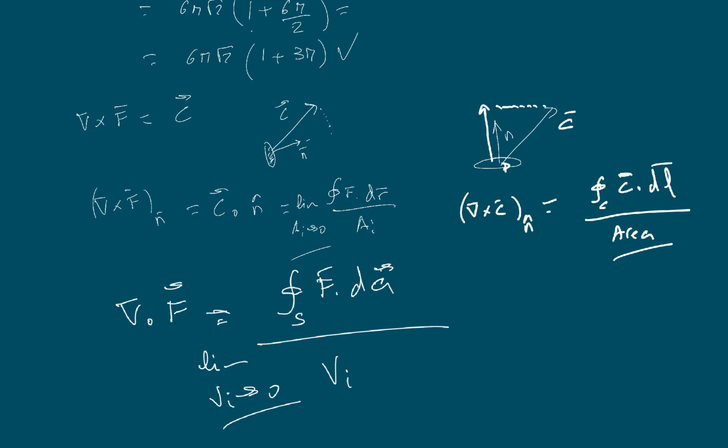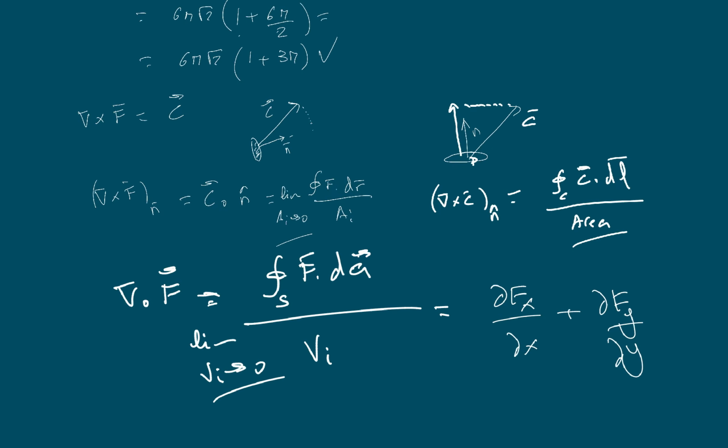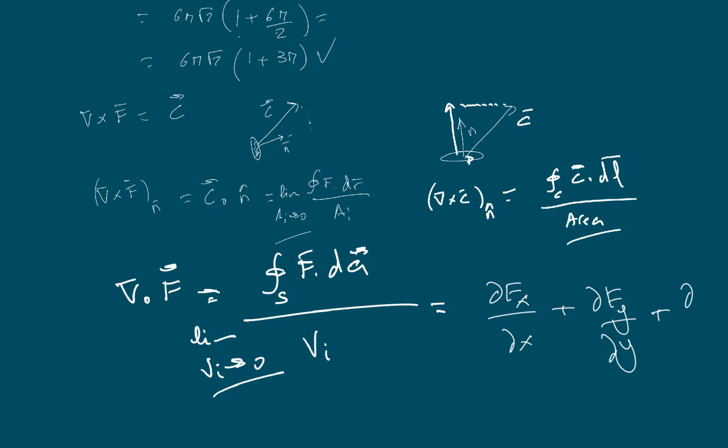And this is the divergence. And this divergence has an expression that is obtained as the sum of these terms. Okay. This is what we have done. We have done a lot. This is what we have done in this set of problems.